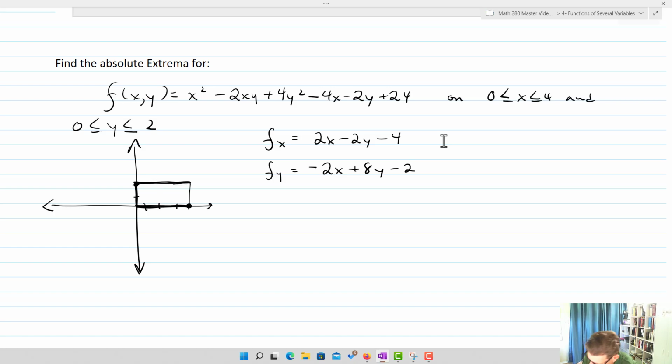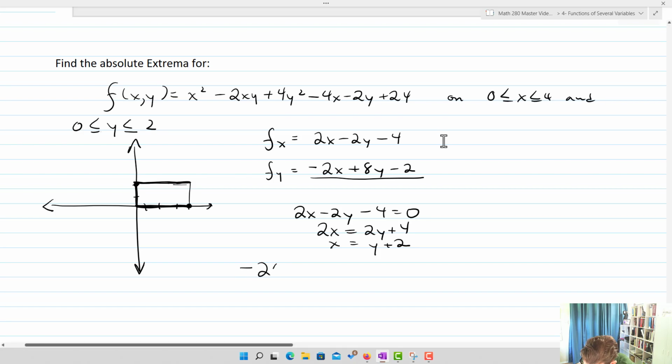We'll set up a system for those two. We've seen this before. So 2x minus 2y minus 4 equals 0, which means 2x equals 2y plus 4, and so x equals y plus 2.